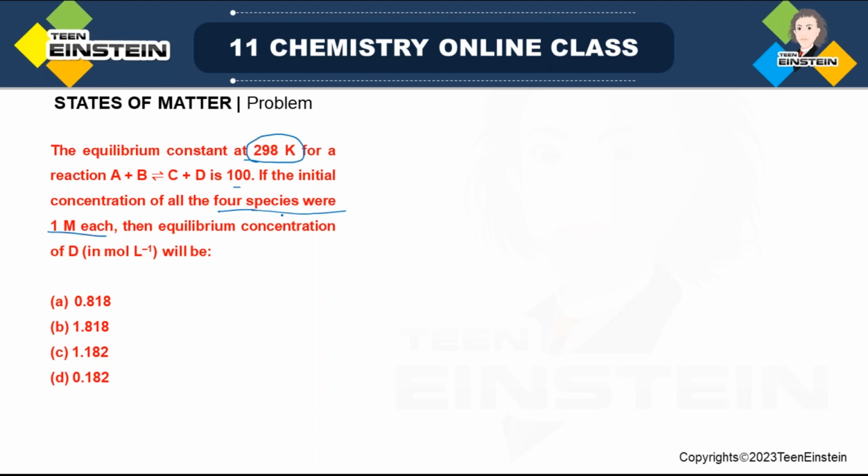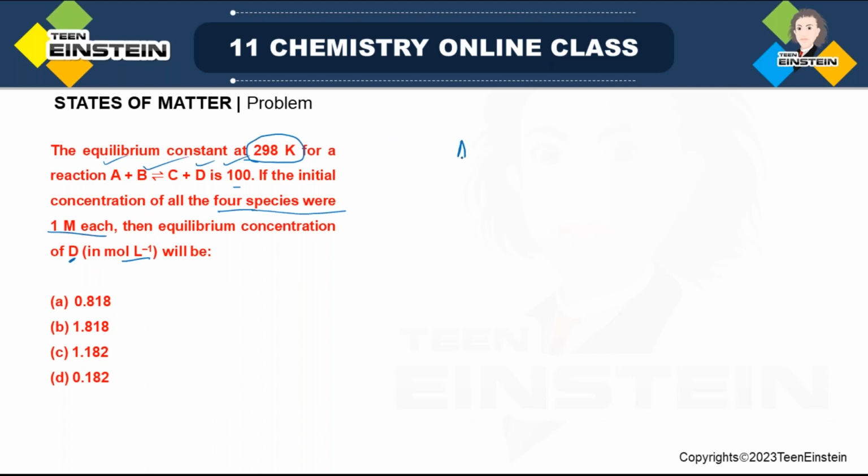See, as we know, you can reach equilibrium whether you start from left hand side or right hand side. It doesn't matter. And in this case, you can see initially you have started with 1 mole for all, right? Then if it is so, what will be the equilibrium concentration of D in moles per liter?